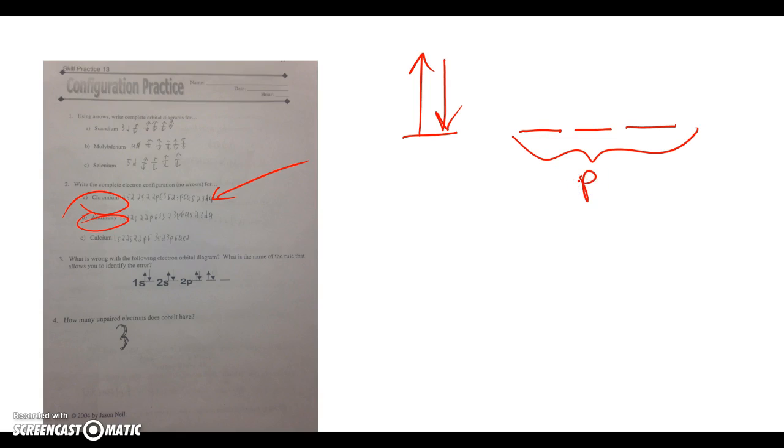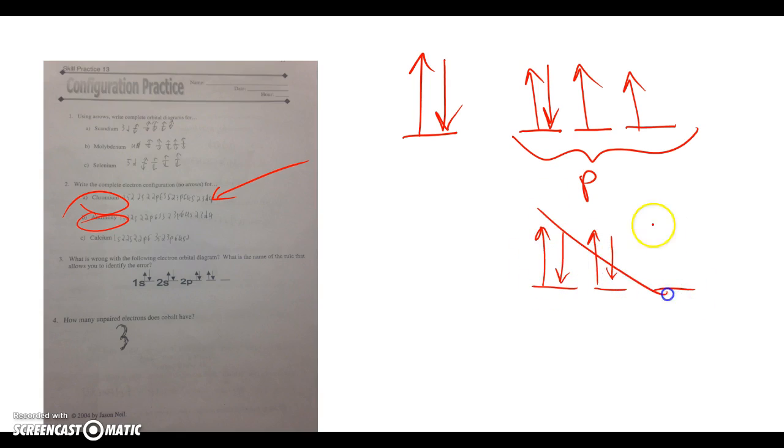And I have 3 suborbitals. The electrons will fill 1 in each suborbital first before it comes back to put the other electron in that suborbital. So if I'm in a p and I have 4 electrons, it will fill 1, 2, 3 before it comes back to fill this. You will not see this. This does not fill. You have to fill 1 electron in each suborbital before you move on.